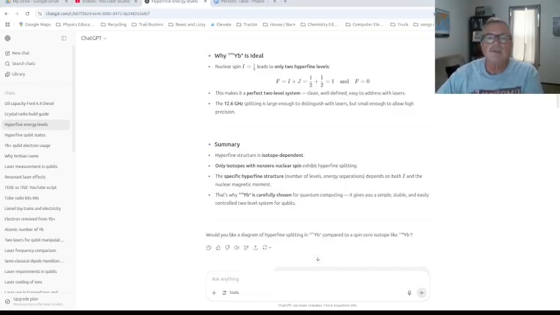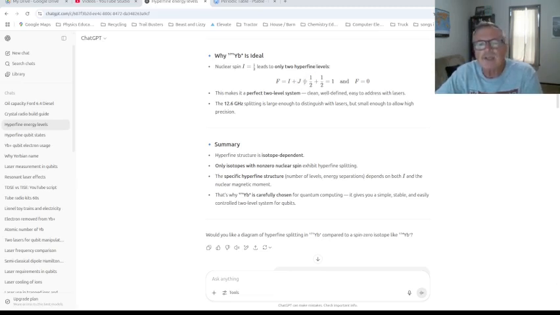momentum factor, which includes spin and angular momentum. So let me bring up the page here, and we see nuclear spin equal to 1/2. It leads to only 2 hyperfine levels. Now, what's interesting is these hyperfine levels are not electron energy shells, so to speak. So we're not actually advancing the electron a whole energy level, like I was probably discussing in an earlier video, but it's a hyperfine one.